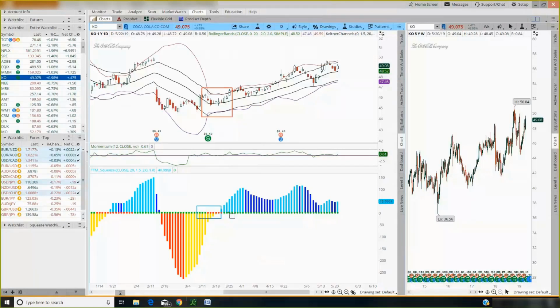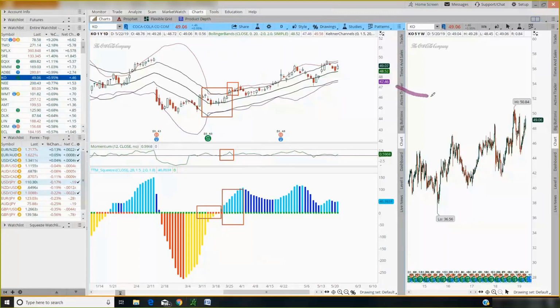Now, look at this green dot. The green dot is right there. Remember what I said, that when the momentum indicator crosses above zero and this Bollinger Band exits the Keltner channel, that's what creates the green dot. Remember the Bollinger Band concept.